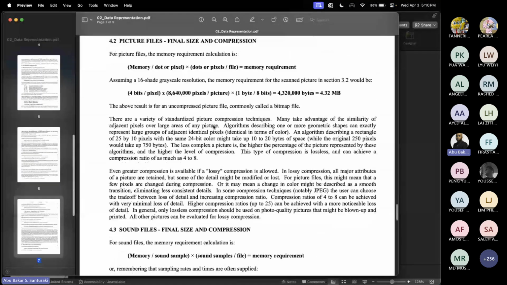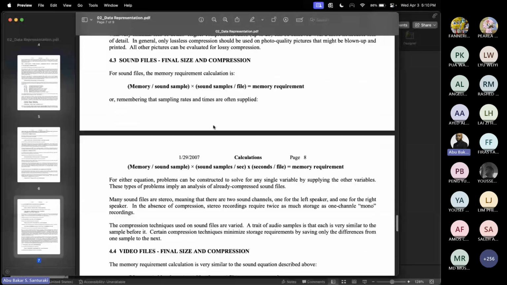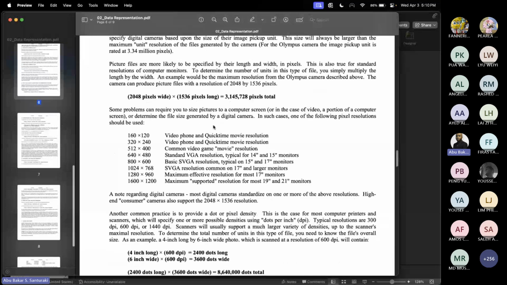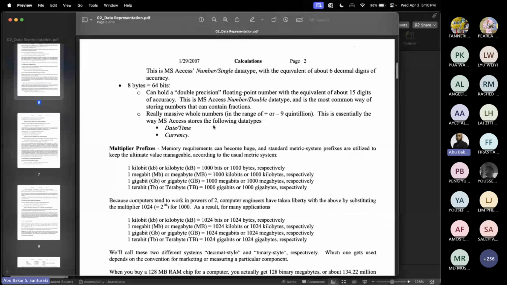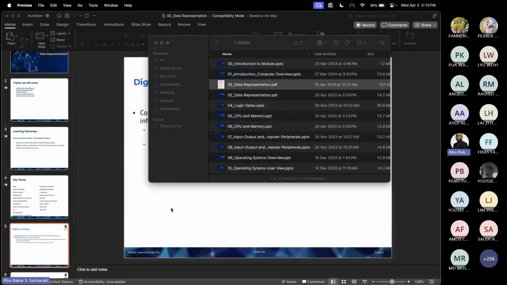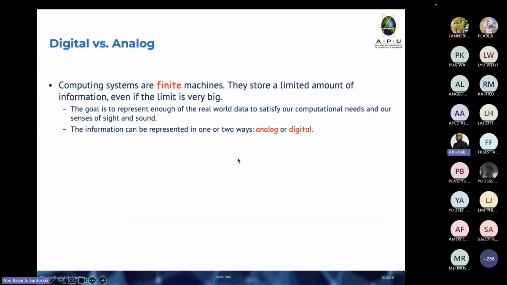I need you to read this document before the next class. It's just a quick read, shouldn't take you more than 20 minutes. If there's anything you read that you can't understand, remember, YouTube is your friend. If you're a visual type of learner, you can find videos that will explain it in more subtle terms that will be more convenient for you.